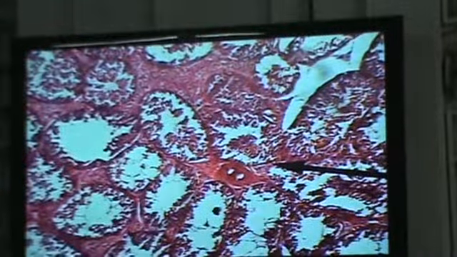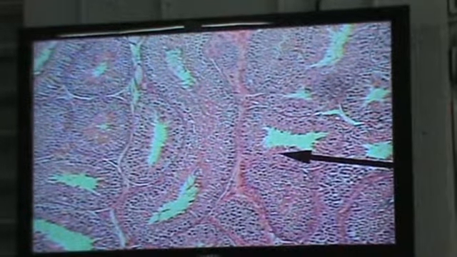So when we look in the seminiferous tubules, we'll go on to this slide. When we look in the seminiferous tubule, alright, okay, we'll see a number of layers.